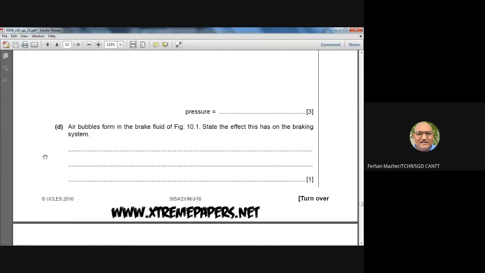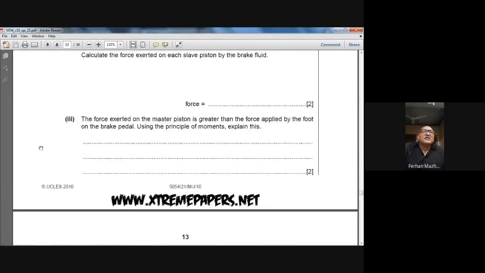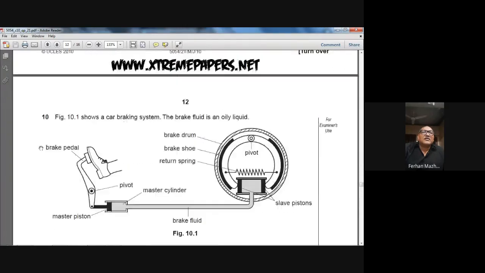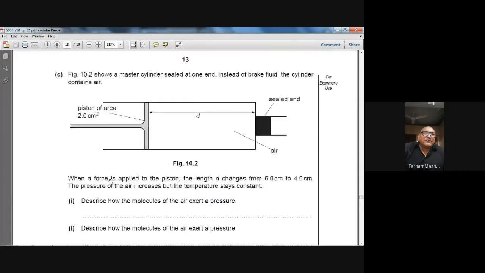He's not talking about this thing now. He's talking about this. Okay, here I have oil. So in that oil we now have air bubbles.